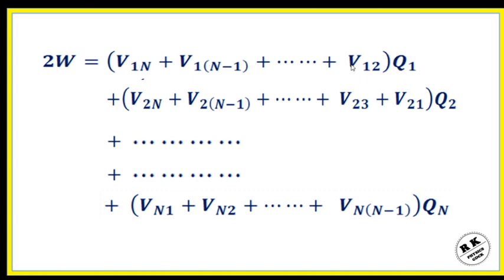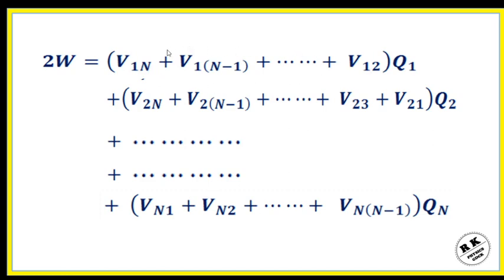Here V11 is missing. Similarly, in the second case, V22 will be missing. In the last case, in the same fashion, Vnn will be missing, for the nth charge. So each of these terms is going to have n minus 1 potential terms.